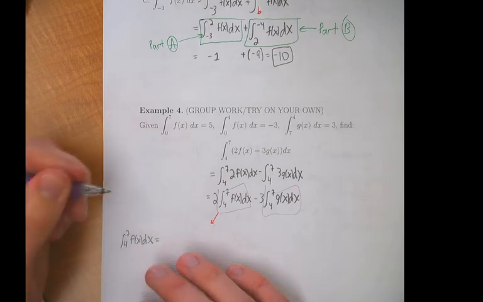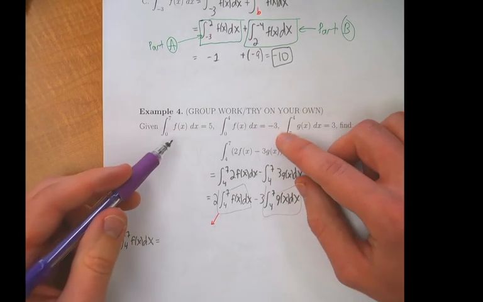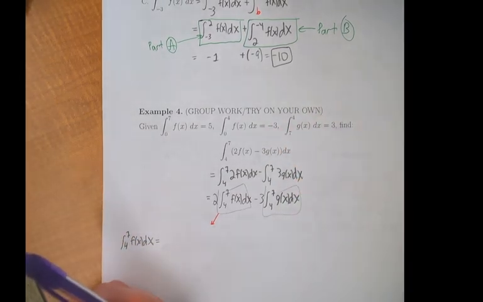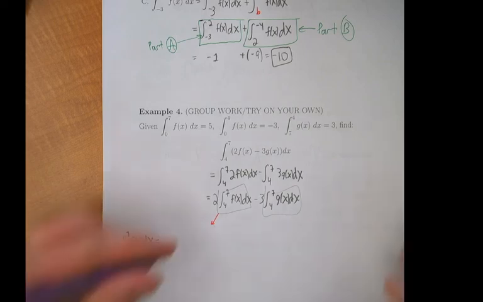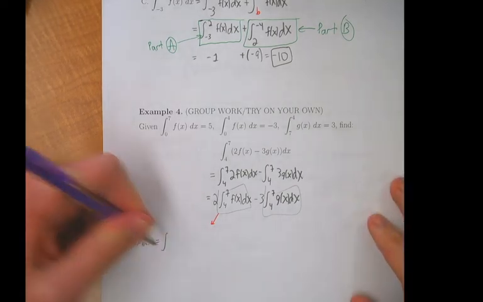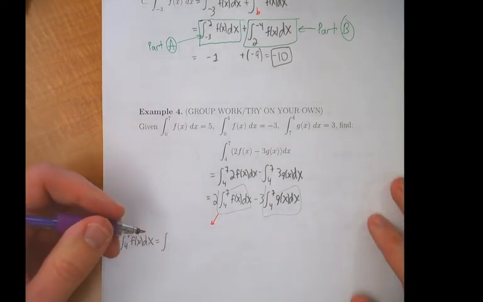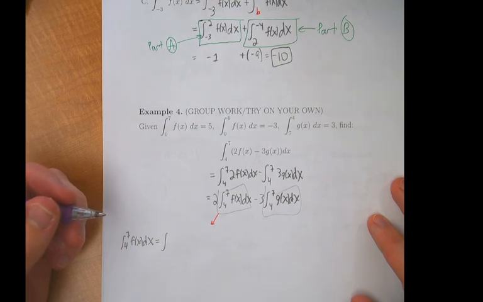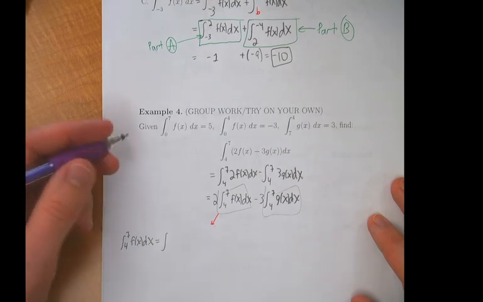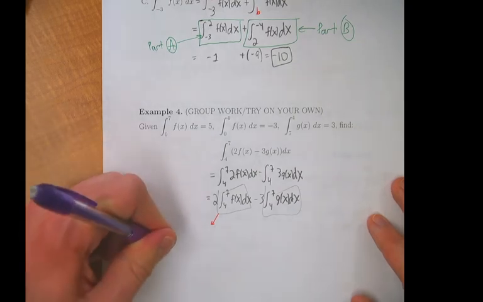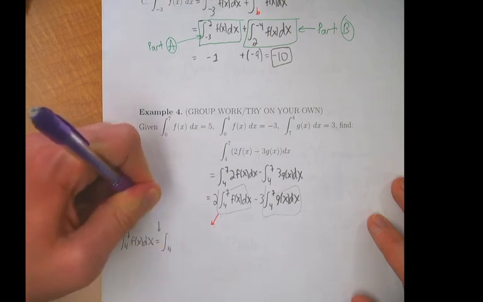Based off of the given data we have here regarding f of x, how would we want to evaluate this? The property 4 thing. Close. You do want to use property 4 again.